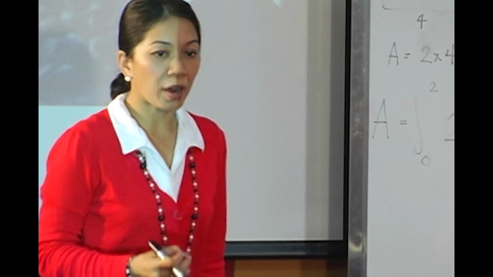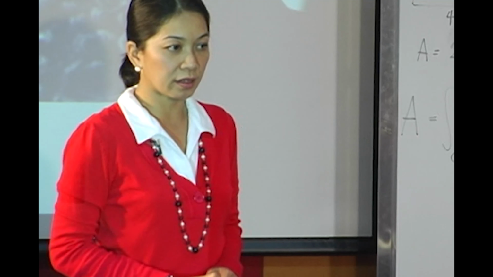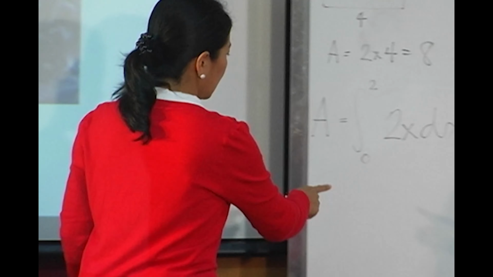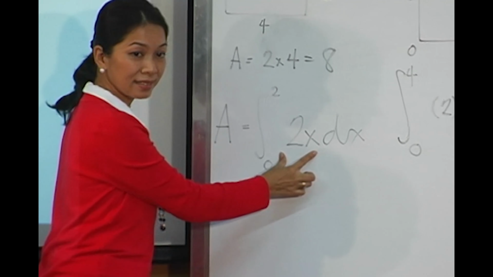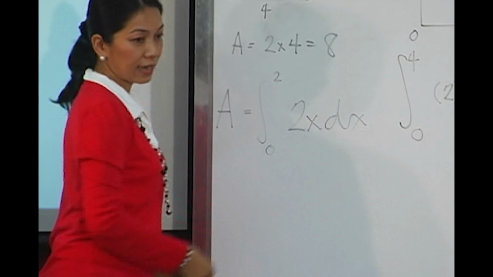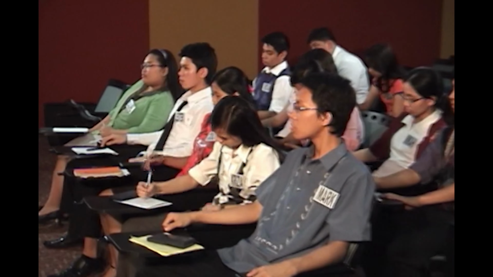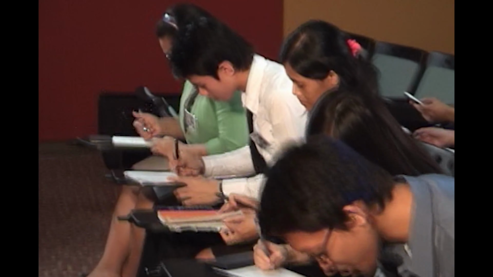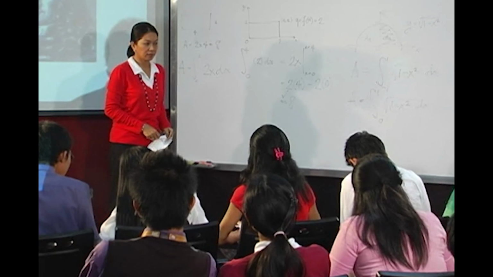Will you give me a possible region whose area is given by that definite integral? Do the role playing. These are the walls, this is the ceiling, and the floor is your x-axis. Okay. There are many possibilities. In particular, I want you to do the region where the floor is the x-axis.